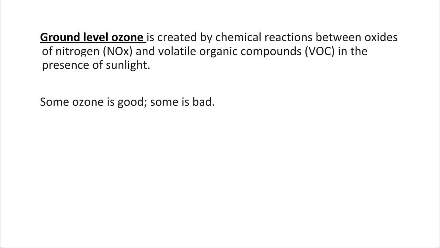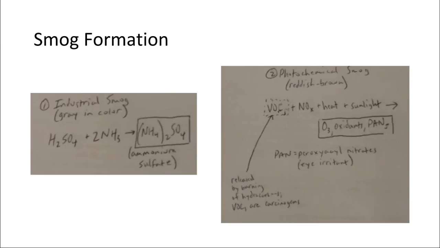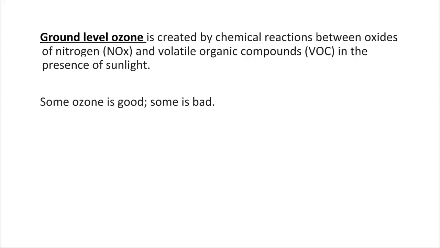Ozone is created by chemical reactions with NOx and VOCs, just like you saw back here. VOCs plus nitrogen oxides can yield ozone. And when that happens at ground level, it's bad because ozone is poisonous.